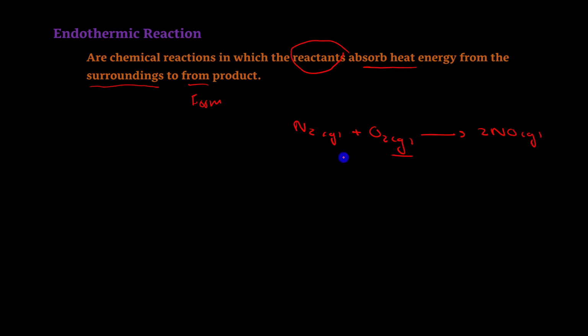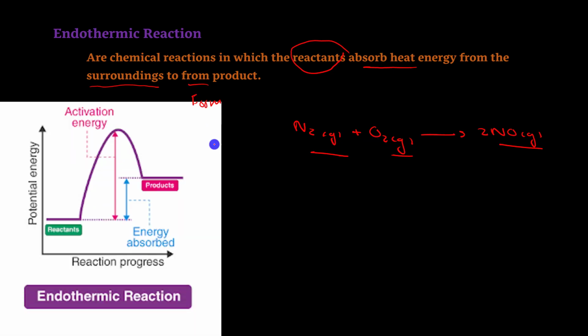While this reaction is happening to form the nitric oxide, we need to give energy to these two gases to come together and make a new compound, the nitric oxide. So these kinds of reactions are called endothermic reactions, right?